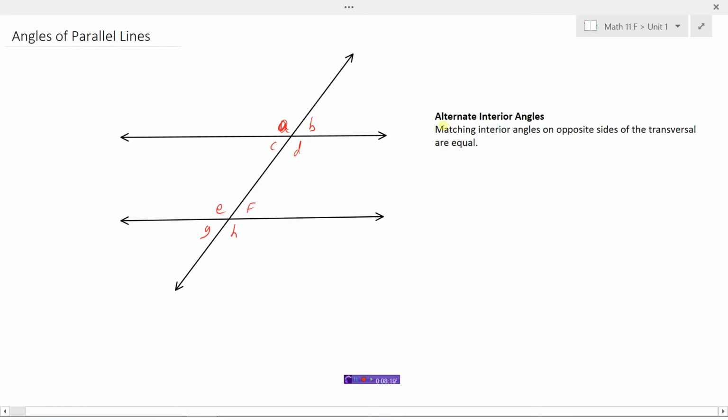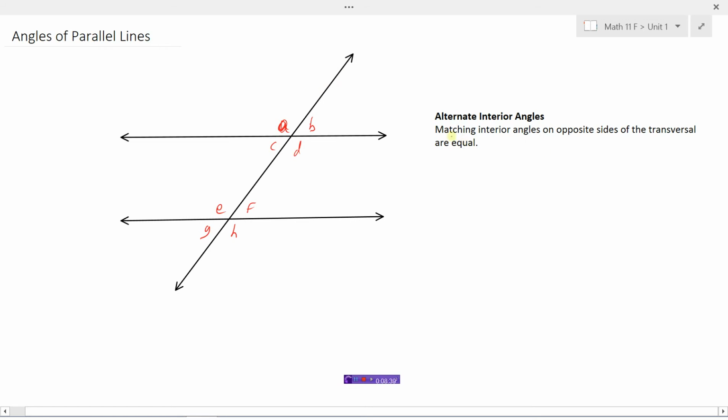Another one here is alternate interior angles. So what that means is the matching interior angles, and remember the interiors would be the ones on the inside here, on opposite sides of the transversal. So here's our transversal.